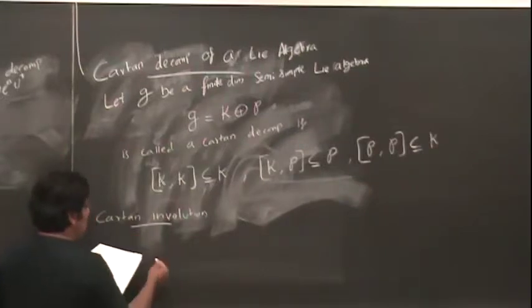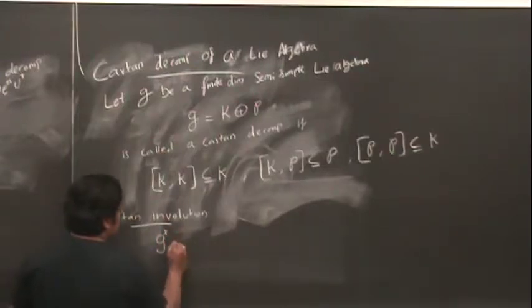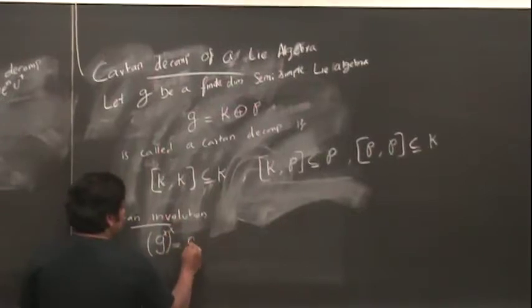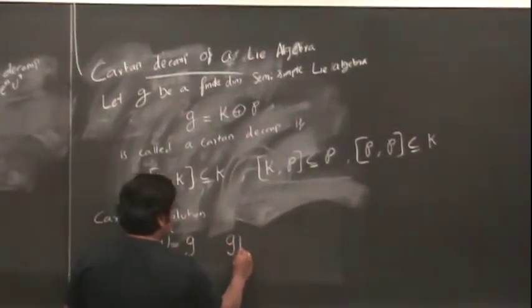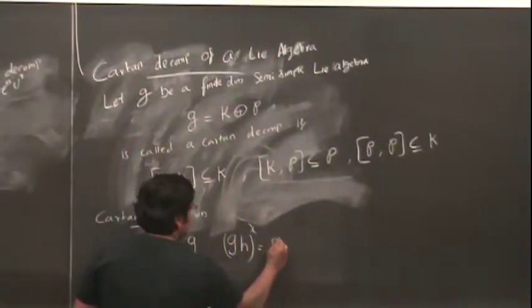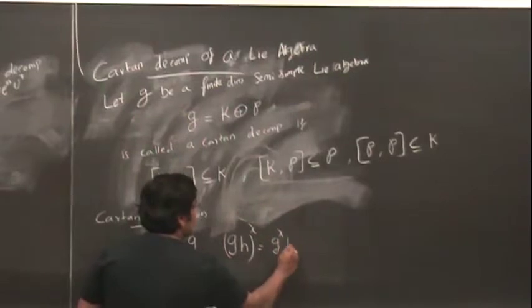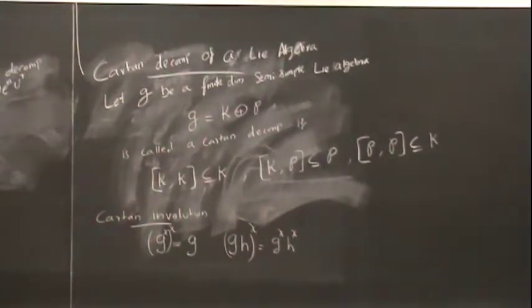So Cartan involution is also a conjugation. So these two properties exist. These were the two things that we saw earlier.